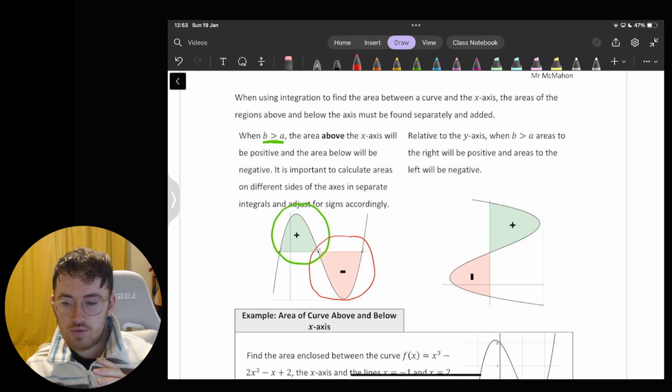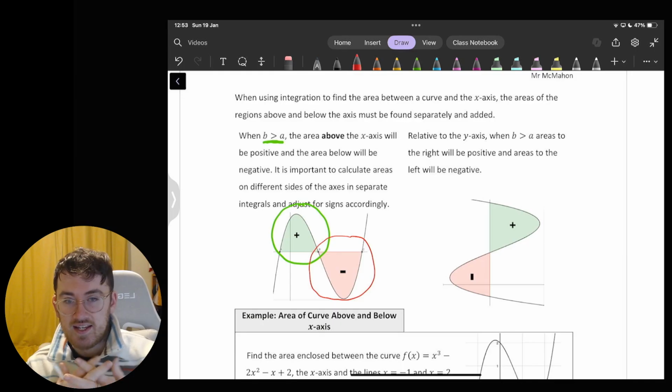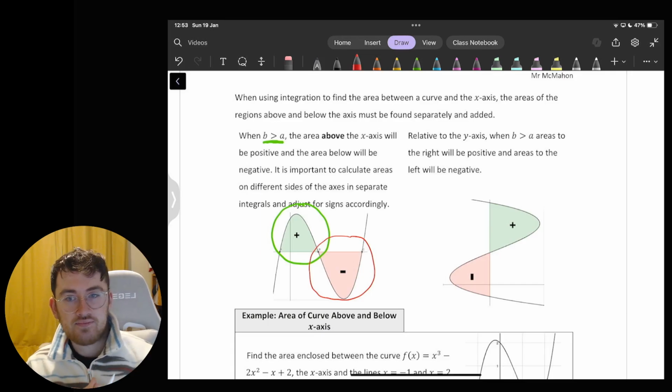Part of my answer will be positive, part of my answer will be negative, and that's going to affect my overall calculation for area, particularly with cubics where a lot of them end up being symmetrical in the regions you're finding above and below the axis. So you can nearly end up getting an answer of 0, because the regions you're looking at are nearly the same, but the signs are different, so the calculations just end up nearly cancelling out altogether.